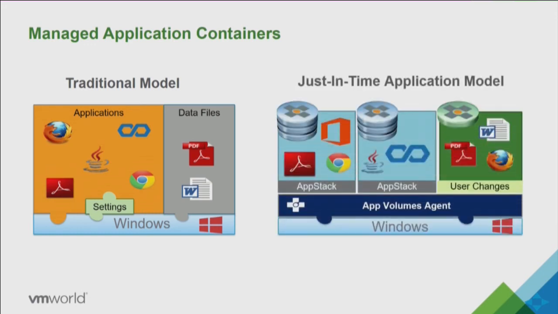What App Volumes does is put a layer of abstraction between Windows and the applications, just like what you see with a virtual machine, where ESXi puts a layer of abstraction between the hardware and the operating system. This is on the other side of the operating system. We're putting a layer of abstraction between the operating system and the applications. And that lets us add and remove those applications, whenever we want to, on the fly.